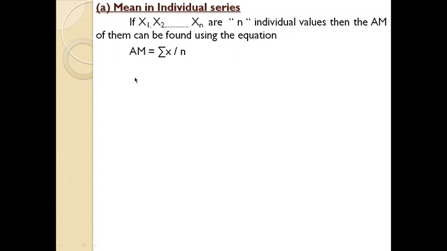Sigma x means you need to take the total of all those numbers. Once you have found the total, you divide it by n. N means number of items. If you are given 50 items, n will be 50. If you are given 100 items, n will be 100. That is the formula for finding arithmetic mean. This is the most common and simple method, sometimes otherwise known as the direct method for computing arithmetic mean.